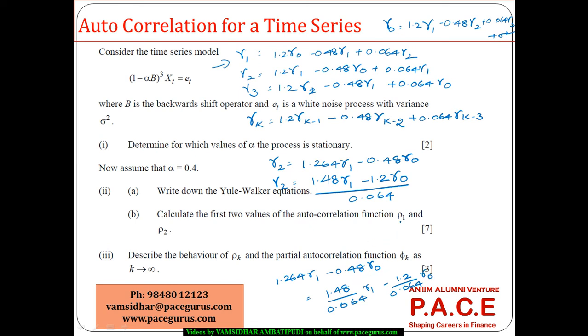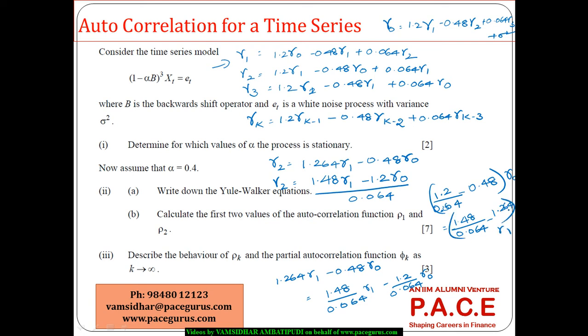So it can very well be worked out, or we'll do it this way: 1.2 by 0.064 minus 0.48 gamma 0 is equal to 1.48 by 0.064 minus 1.264 gamma 1.